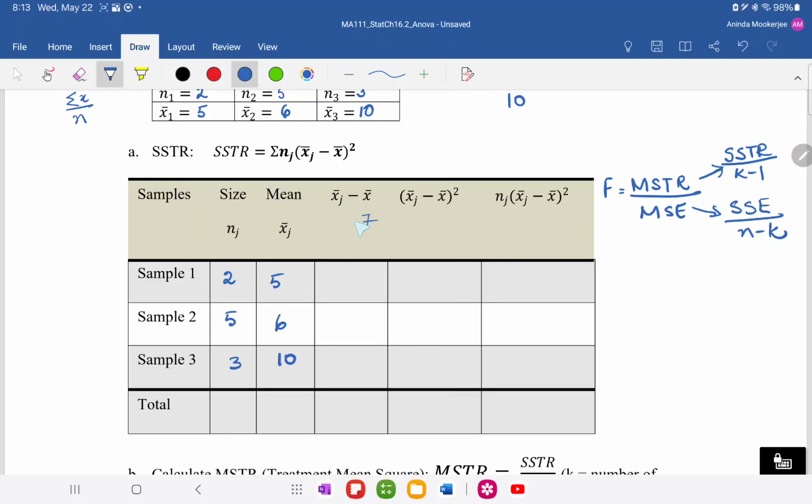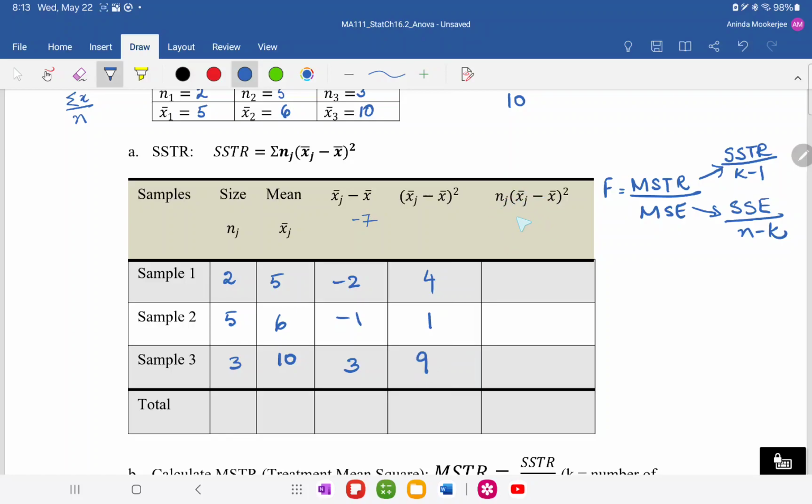The overall mean was 7, so 5 minus 7 is -2, 6 minus 7 is -1, and 10 minus 7 is +3. In the next column, you square everything: -2 squared is 4, -1 squared is 1, and 3 squared is 9.